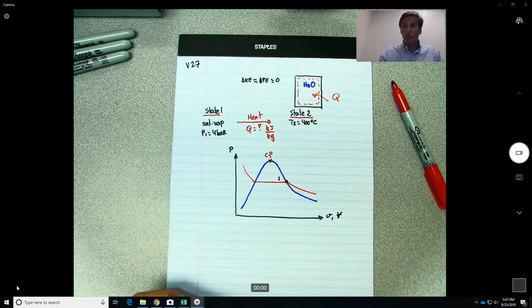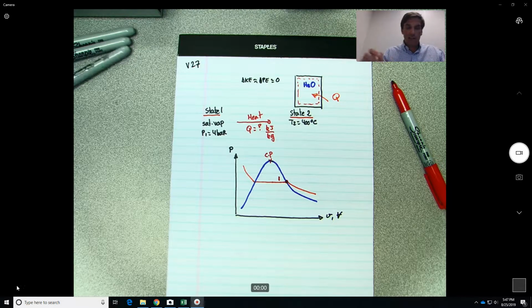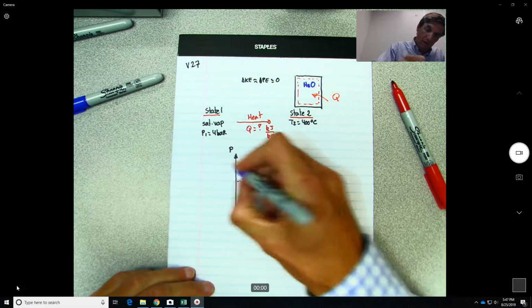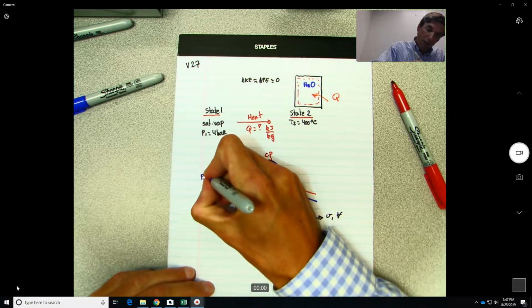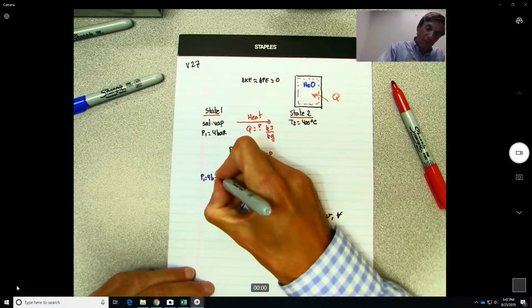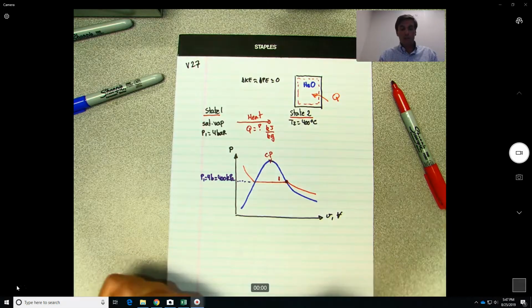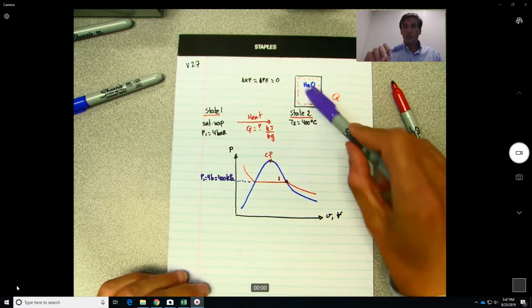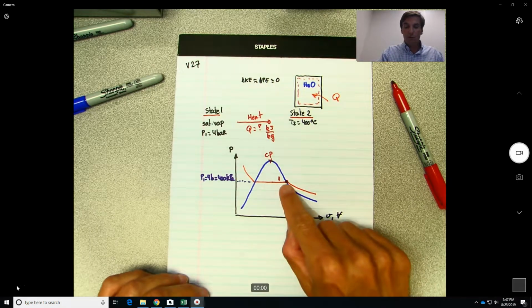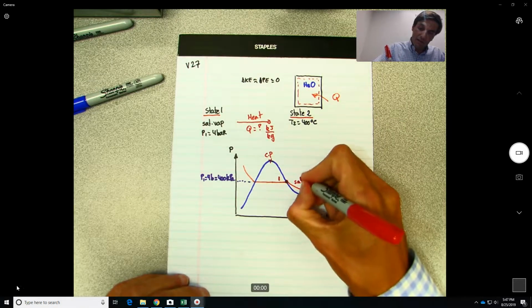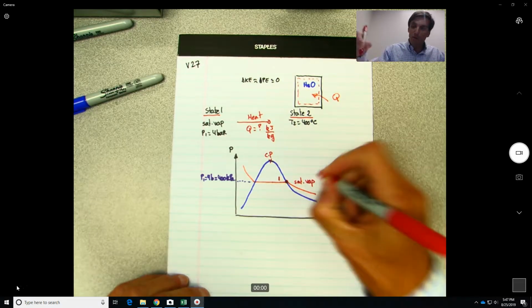In order to do that, what do we know? We know that P1 equals 4 bars, which is 400 kilopascals. And we know we are here at saturated vapor state.